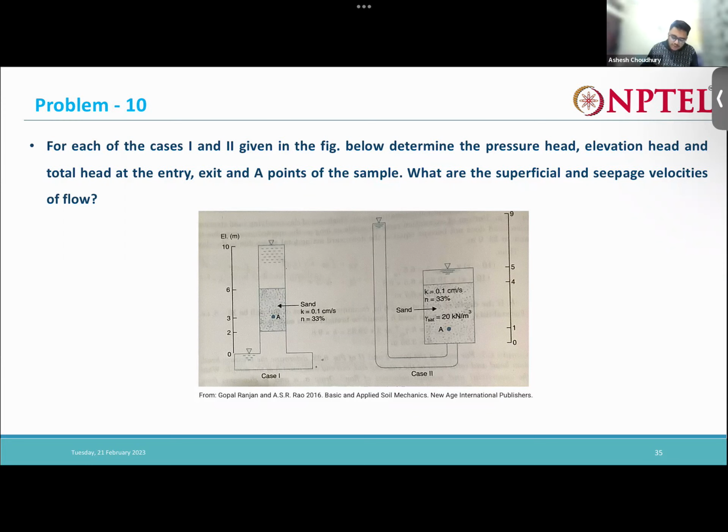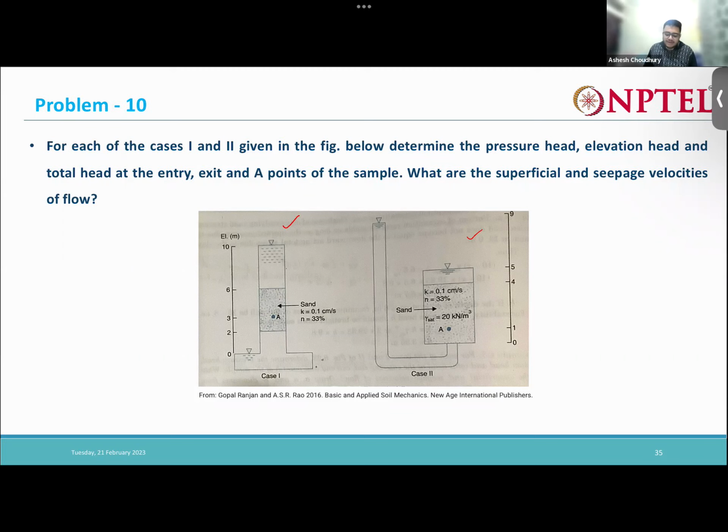These are the two cases that are given to you. This is the first case, and this is the second case. For each of these cases, we need to determine the pressure head, elevation head, and total head at the entry point, the exit point, and point A, for both the samples.